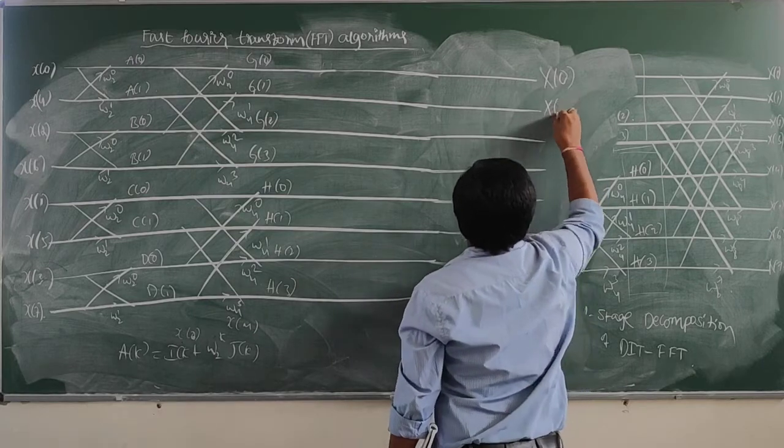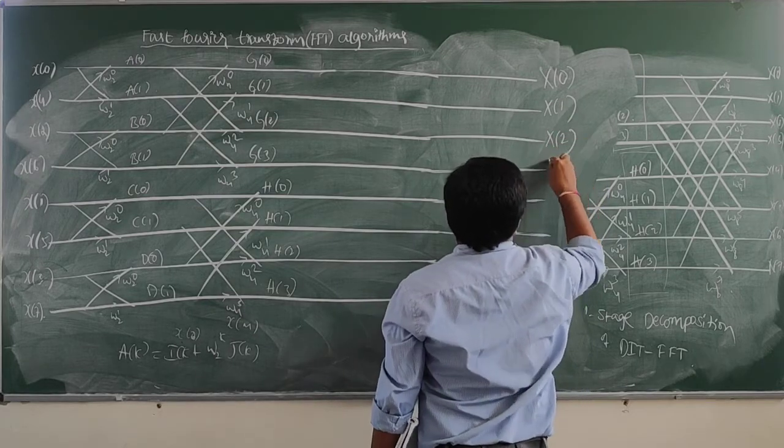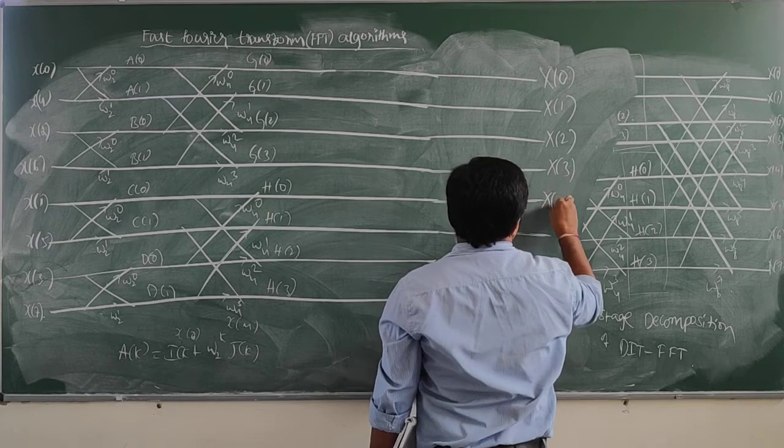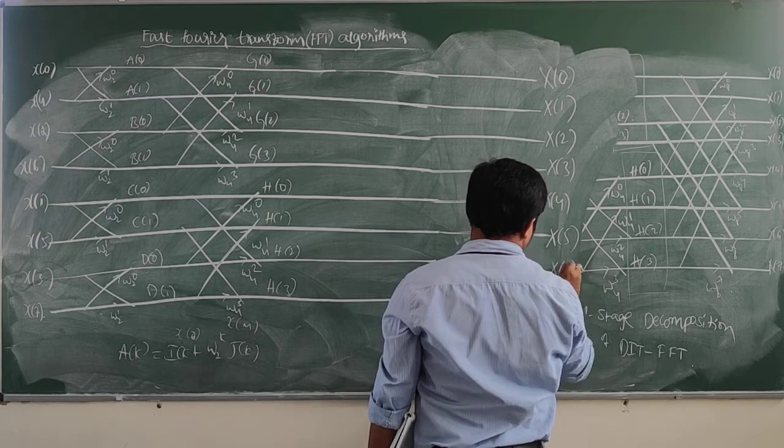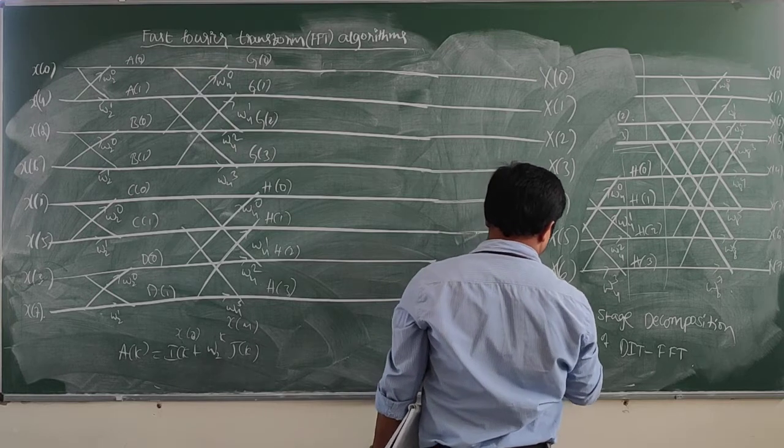X of 0, x of 1, x of 2, x of 3, x of 4, x of 5, x of 6 and x of 7.